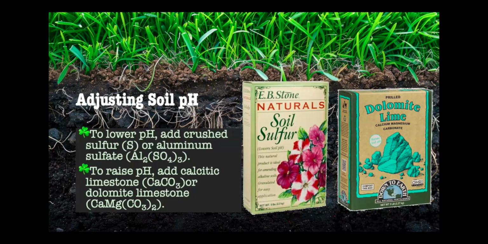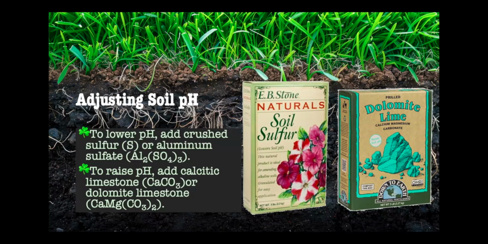There's a couple different kinds of lime. Calcitic limestone is calcium based. But there's also one that's called dolomite lime, and the dolomite lime has calcium and magnesium in it. So if your soil test report shows your magnesium is low, you may want to add dolomite instead of calcium-based lime.